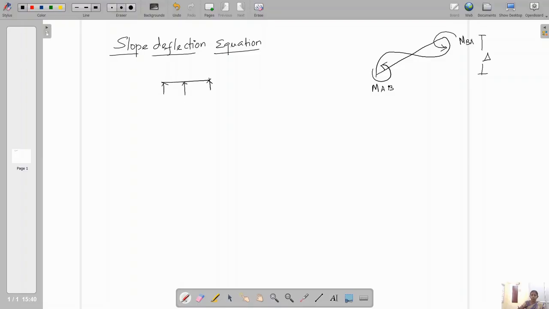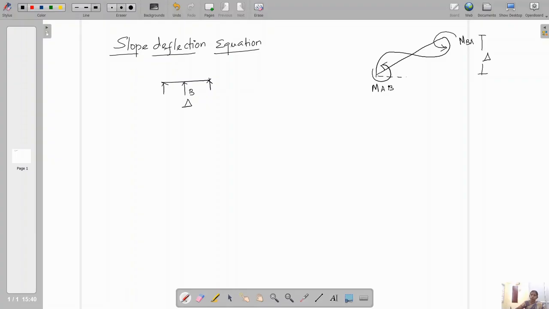We can assume or it can occur that the support B will sink at an amount of delta. In that case, we have to consider the delta. Otherwise, we can assume this diagram in a pure horizontal plane. In order to account of this deflection delta, I have drawn like this.